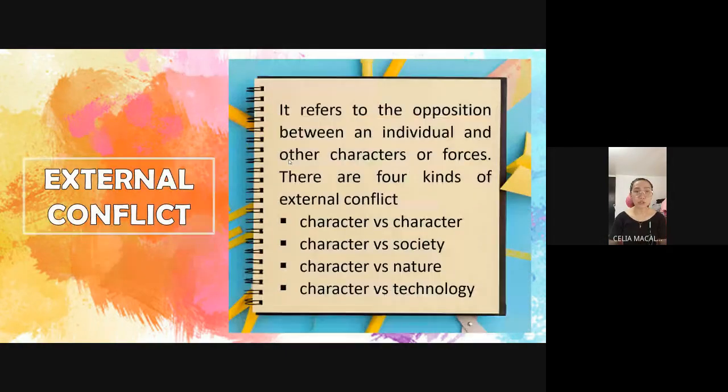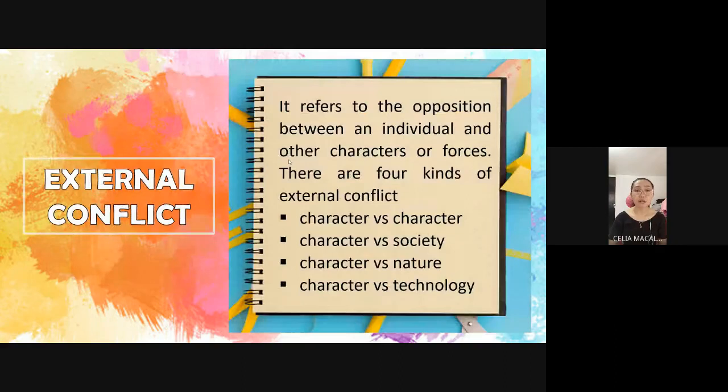When we say external conflict, that refers to the opposition between an individual and other characters or forces. So there are four kinds of external conflict. We have character versus character, character versus society, character versus nature, and character versus technology.